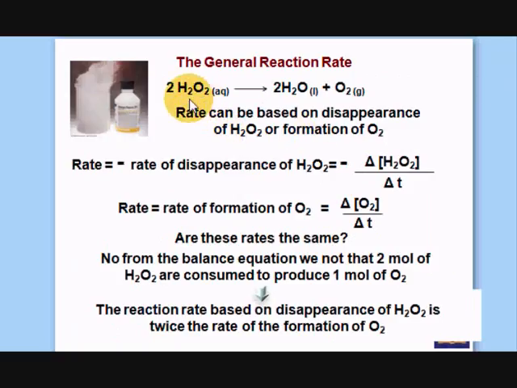Okay, then of interest, if we're looking at the general reaction rate, then if we compare the number of molecules in reactants and products, if we compare the rate of disappearance of hydrogen peroxide, for instance, based on the formation of oxygen, then we're asking ourselves the question, can the rate be based on the disappearance of H2O2 or the formation of O2?